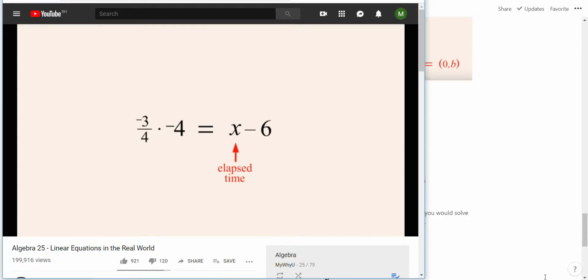Completing the arithmetic on the left side, -3/4 times -4 is 12/4, or 3, and adding 6 to both sides allows us to cancel the -6 on the right, leaving us with the equation 3 plus 6 equals x. Adding 3 and 6, we have 9 equals x, or equivalently, x equals 9. So when y is 0, x is 9.